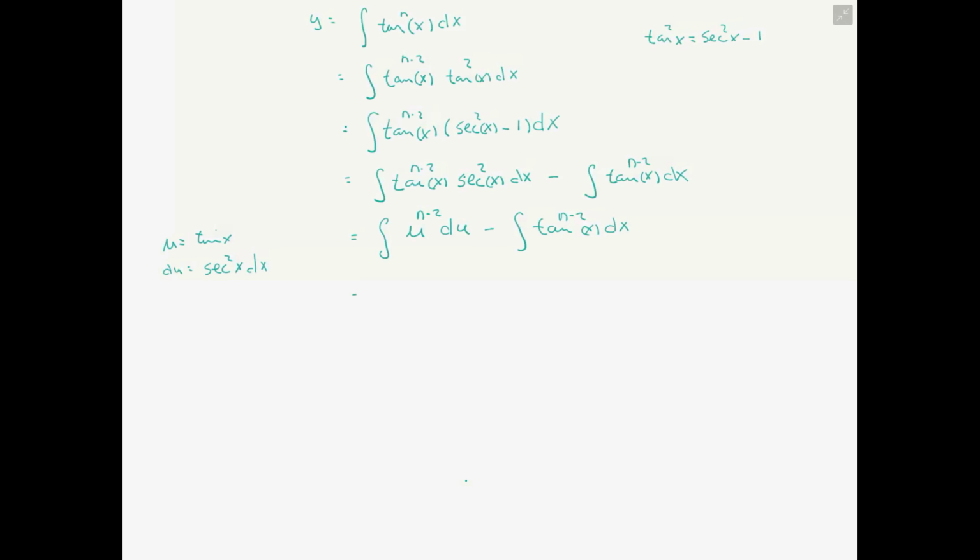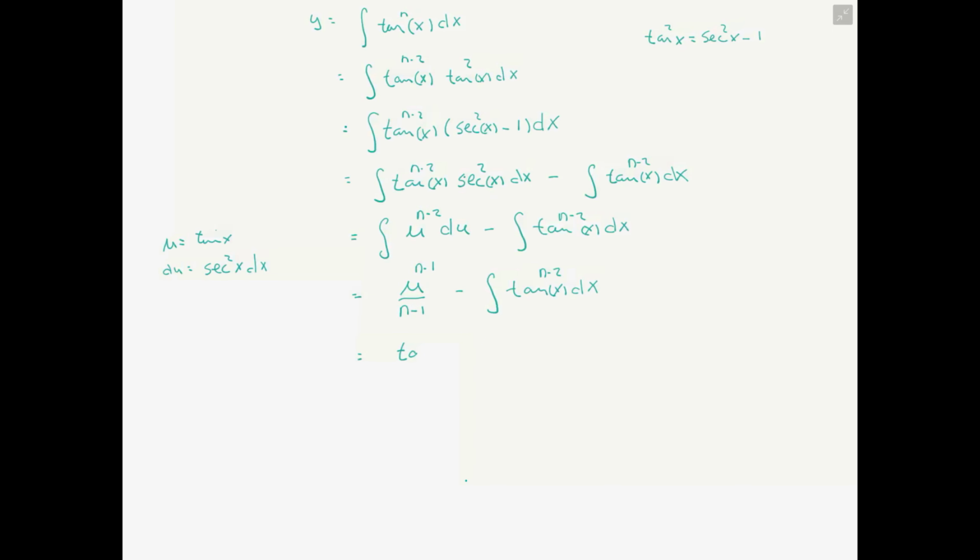Du equals secant squared x dx. So that's u to the n minus 2 du minus tangent n minus 2 x dx.